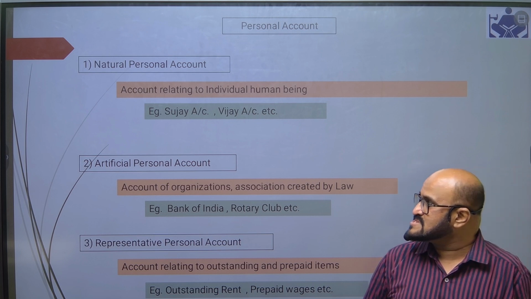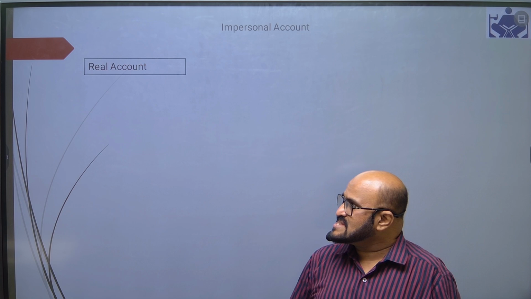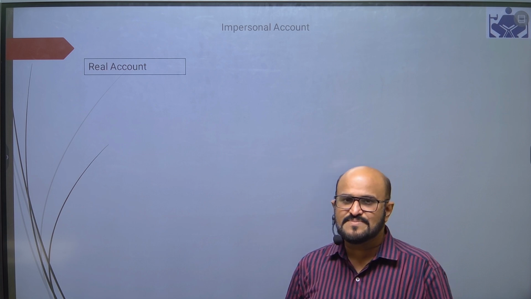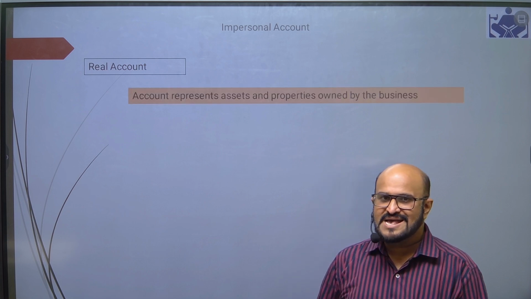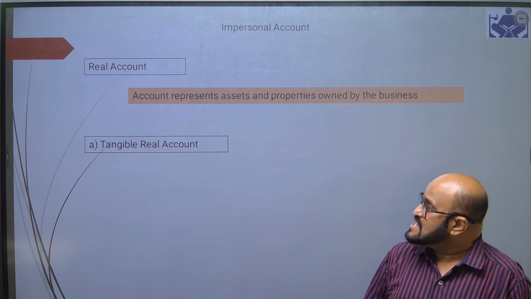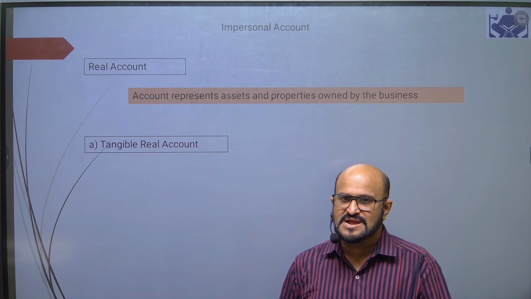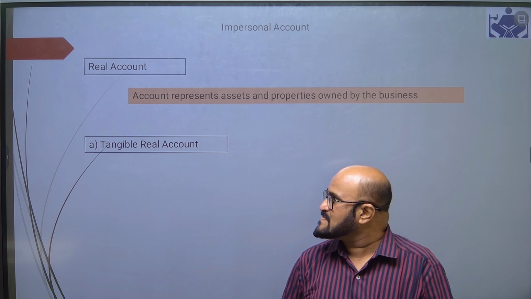Now let us move to the next one, which is called a real account. Real account is nothing but an account related to any property or assets belonging to an organization. Here we can see two types of real account. First, tangible real account.